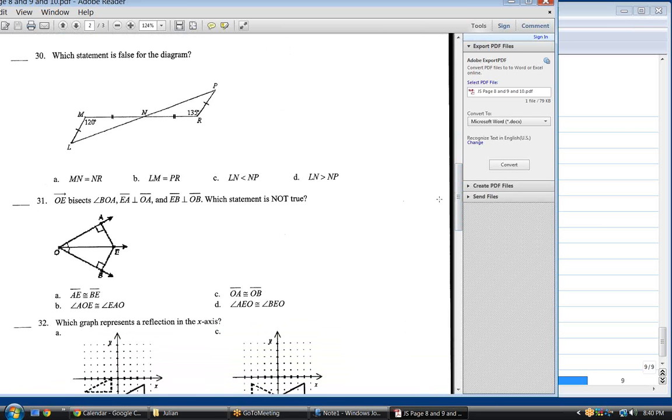Which statement is false? Is it LN is greater than NP?